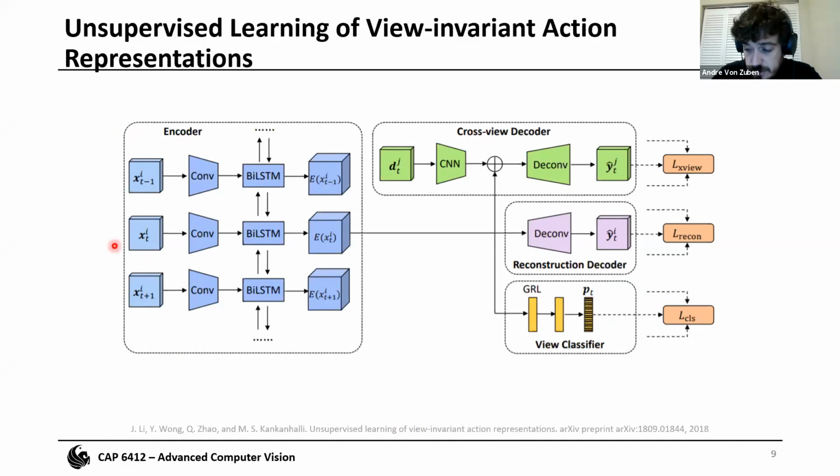For a sequence of input frames, the encoder generates features that get passed to the cross-view decoder and the reconstruction decoder, as well as to the view classifier. Then the network is trained, so the encoder learns how to generate a view-invariant representation that captures the motion dynamics.